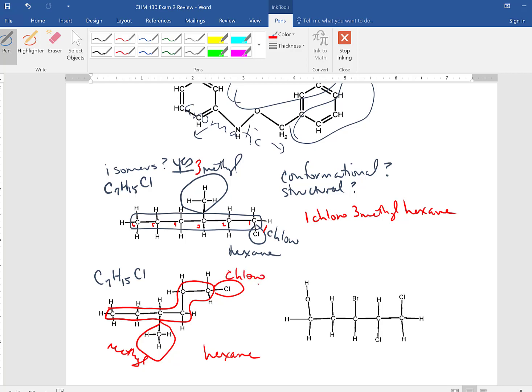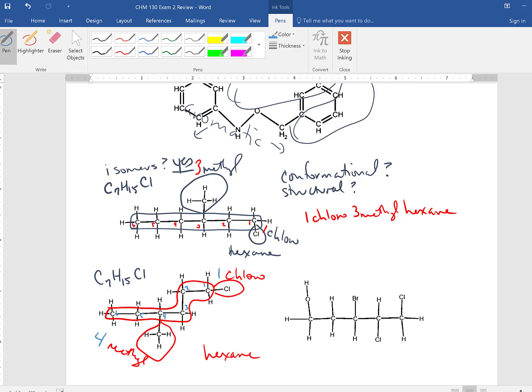Don't mistake a carbon for a chlorine or vice versa. So do make sure you check them. And then what do we have to do? Which way do you want to number from? 1, 2, 3, 4, 5, 6. So the chloro is a 1, and the methyl is a 4. So this is a 1-chloro-4-methyl hexane. The other one's a 1-chloro-3-methyl hexane.